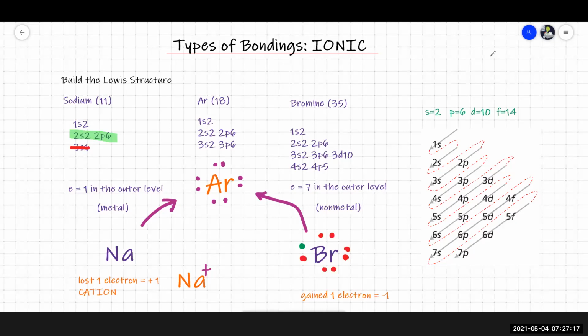But in the case of ionic bonding, bromine uses a charge of -1. So when you combine elements and the type of bonding is ionic, I mean combining metal and non-metal, non-metals are going to have a negative charge.